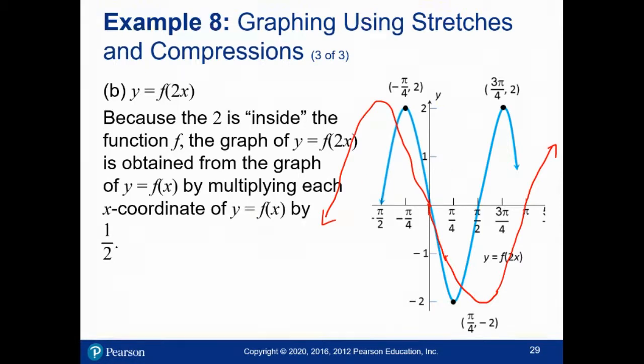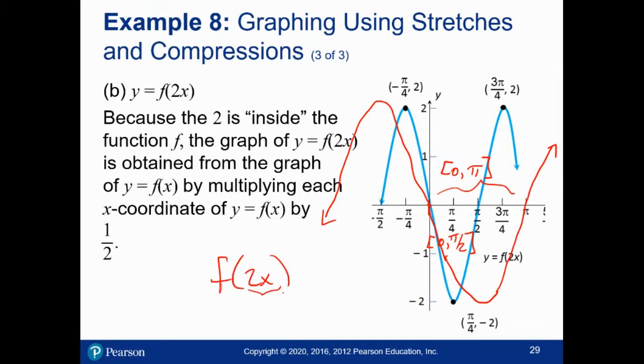Okay. In order to get this hill shape right here, x had to go from 0 to pi. But in our new curve, it does the same thing, sorry, twice as fast in half the space, from 0 to pi over 2. So this is a horizontal compression. Okay, and this is actually how I tend to think of how to graph these.